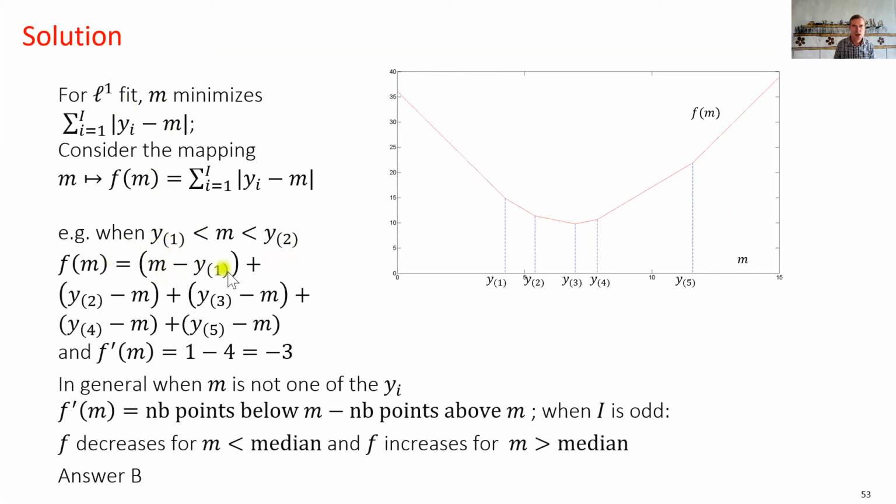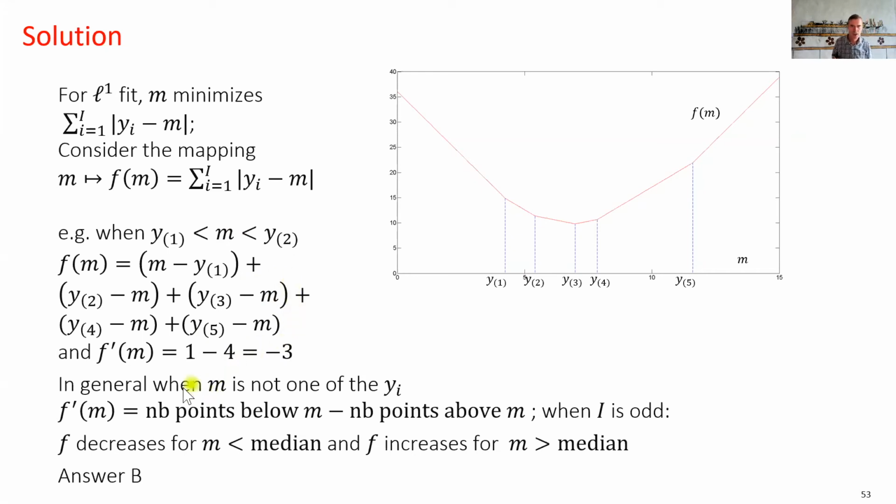So that gives m minus y1, y2 minus m, etc. That's a linear function, so between those two values it's linear. The slope is equal to the number of plus signs minus the number of minus signs; here there are 1 and 4, which gives minus 3.